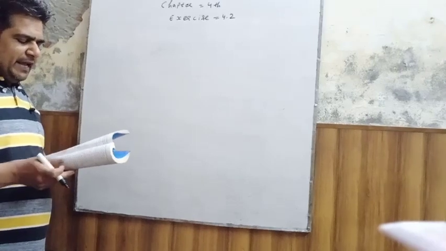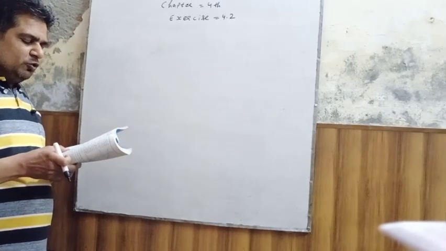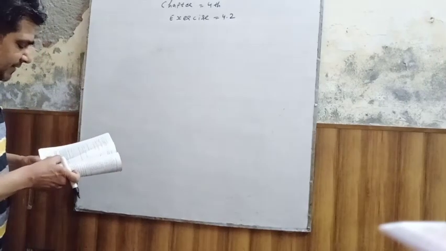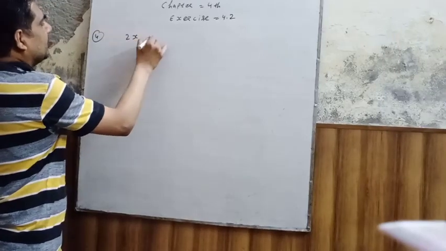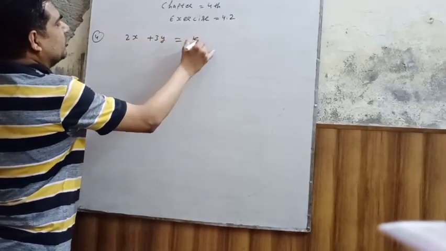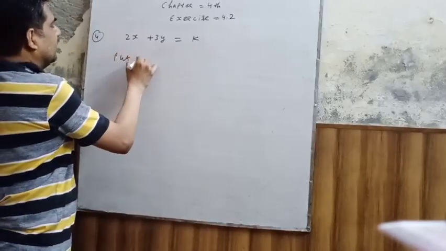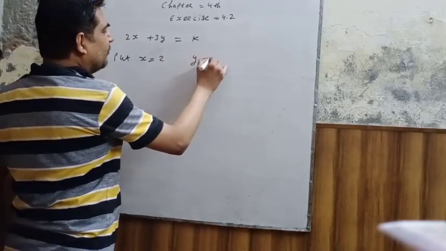Find the value of k if x equal to 2, y equal to 1 is a solution of the equation 2x plus 3y is equal to k. The equation is 2x plus 3y is equal to k. Put x equal to 2, y equal to 1.